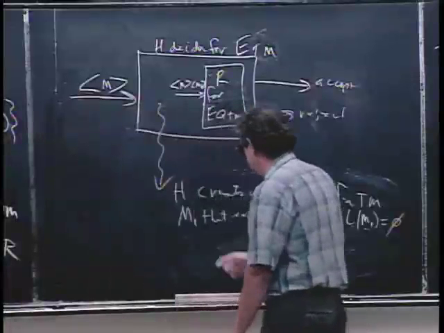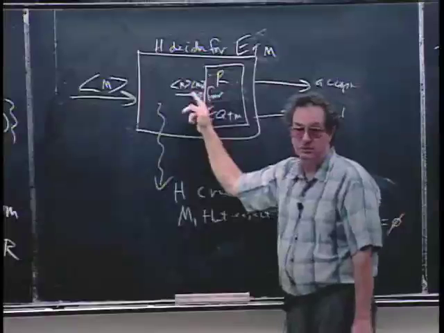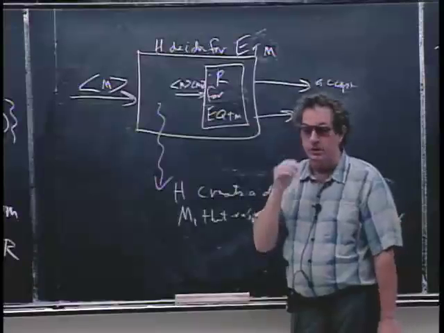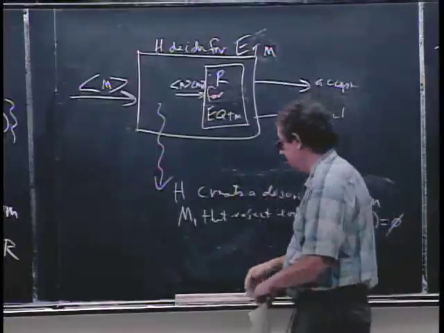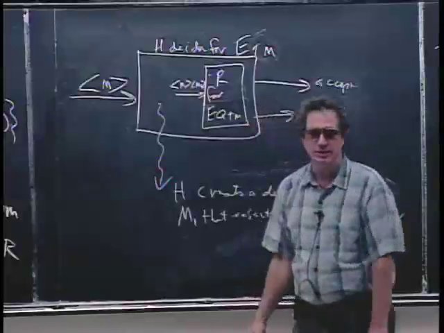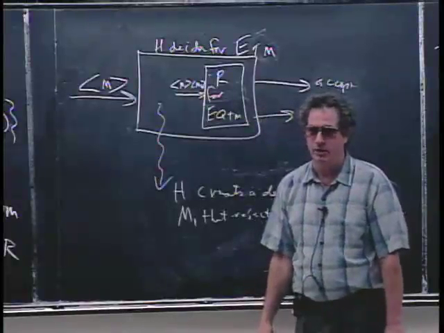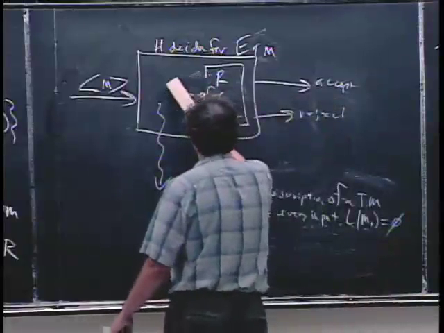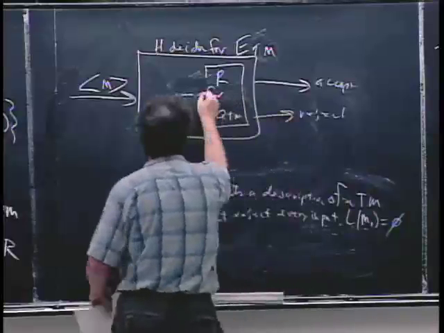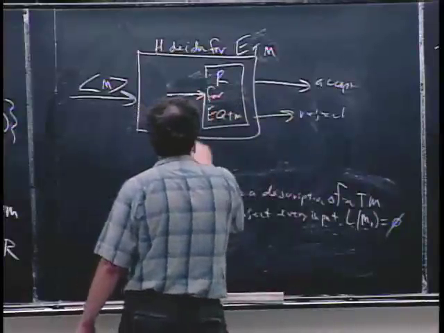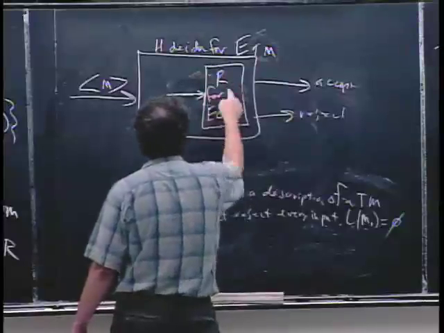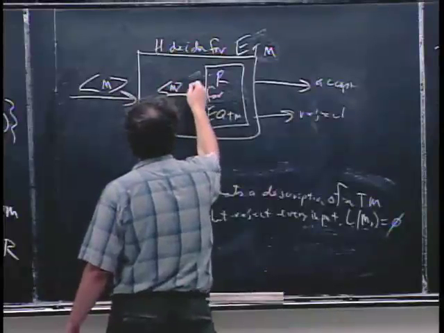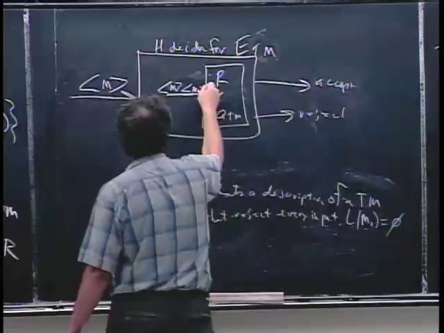So, anybody have suggestions for this? M and M1. Okay, yeah, you could do that. It seems more parsimonious to describe it as M1 and M, but the same thing. So what gets fed into this oracle R is going to be M and M1.